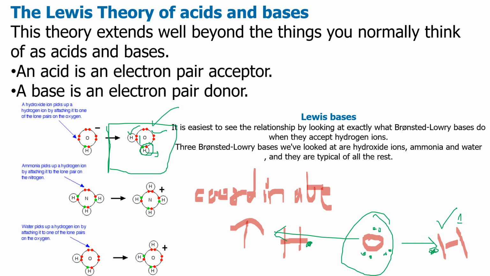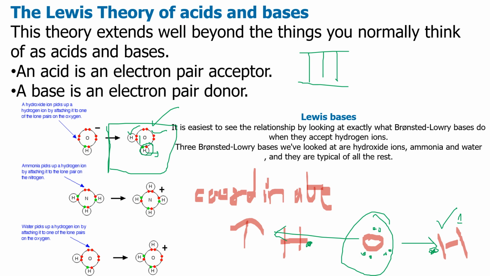Now let's move on to the second theory. Let me first tell you some basics about that one too. Now keep that in mind. The third group of the periodic table are electron deficient elements.